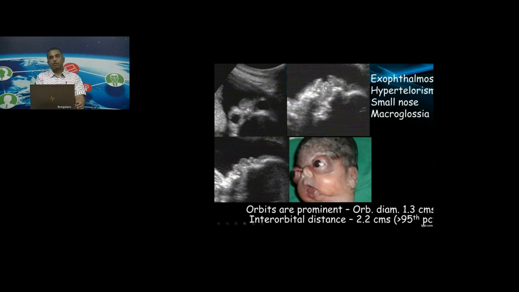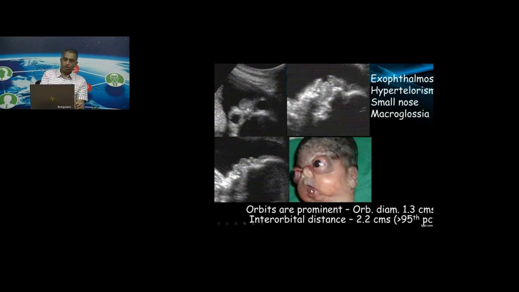So that's a macroglossia. That's the outline of the fetal face. That's a small nose. That's the mouth, which is agape. And that's the fetus showing you the proptosis, the hypertelorism, a small nose which is upturned, an arched upper lip, and you can see the tongue sticking out.